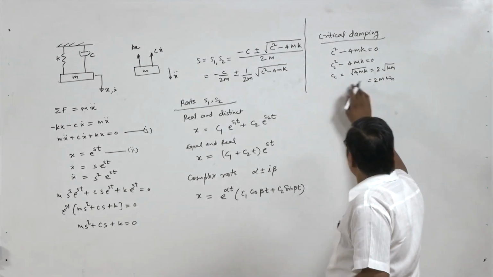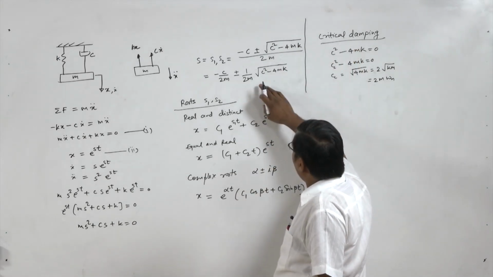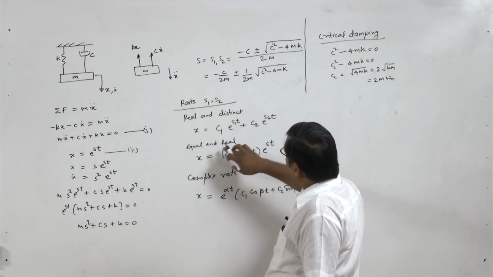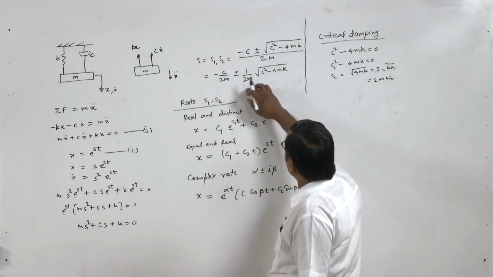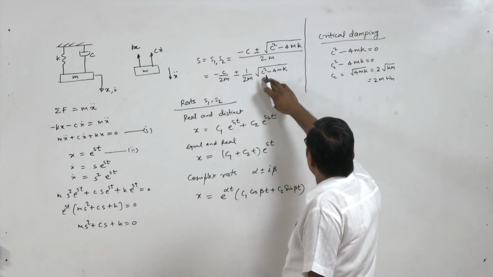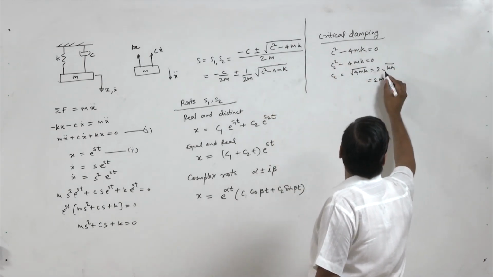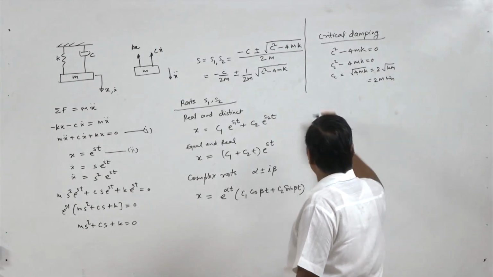So the critical damping is the damping that we obtain when our roots are equal and real. It means this part is 0. So this under root part is 0. So we get cc equal to 2 root km or 2 m omega n.